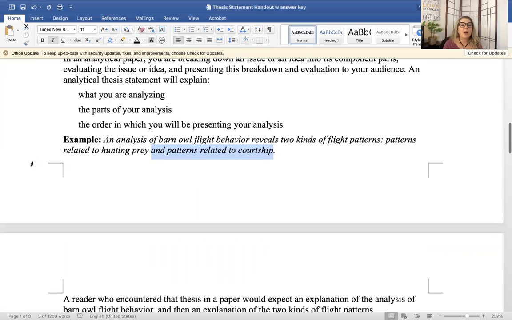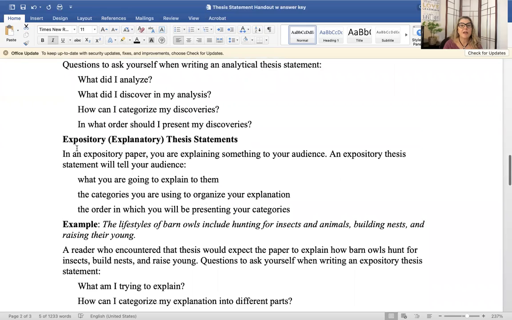Okay. All right. Now the next type of thesis statement is the expository thesis statement, or the explanatory thesis statement. And this is something you will come across in your English courses. So what is an expository thesis? Let me just read this definition.